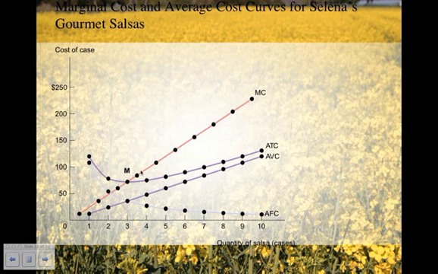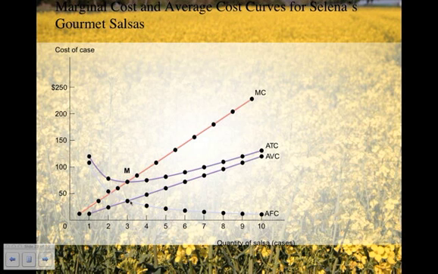And here's all those curves together. So you have your marginal cost curve, which is upward sloping, which is the same as your supply curve. You have your average total cost curve that's U-shaped, and the marginal cost curve intersects that minimum point here where it says M. And then you have your average variable cost curve that's below it. And then you have your average fixed cost here.